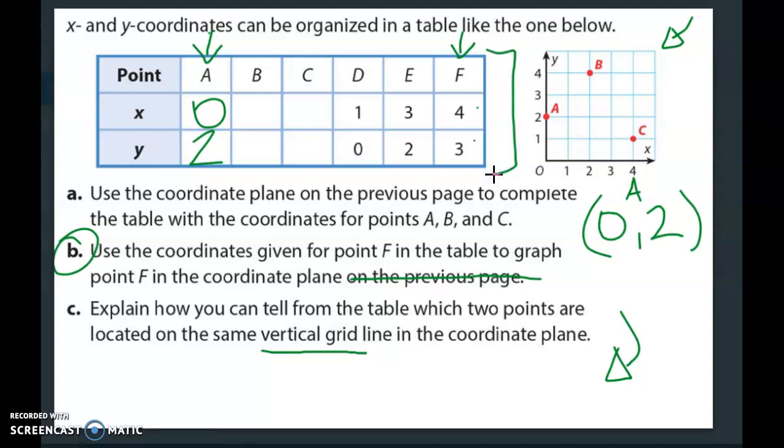Obviously, vertical is your x-axis. And after you put in A, B, and C into your table, I want you to analyze your table. You're going to look in the x-axis and see which ones have the same number as their x-axis. Okay?